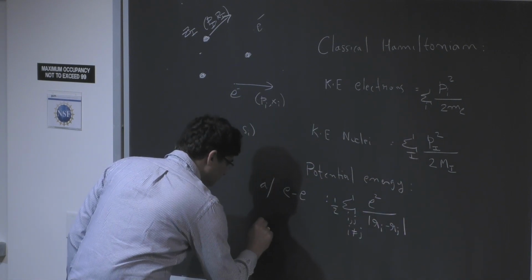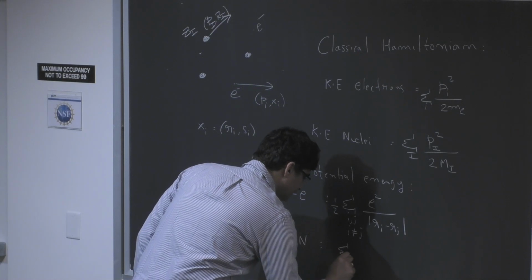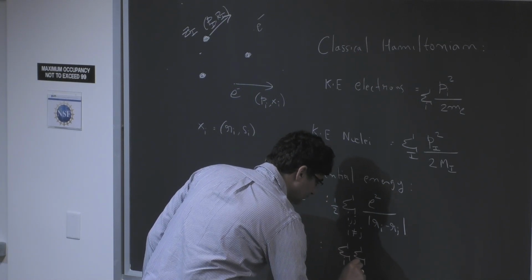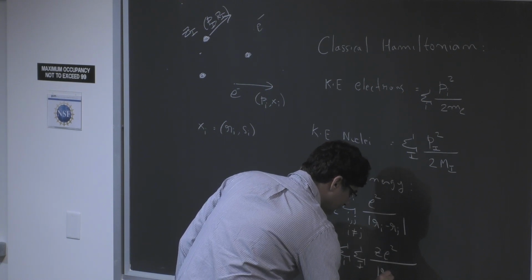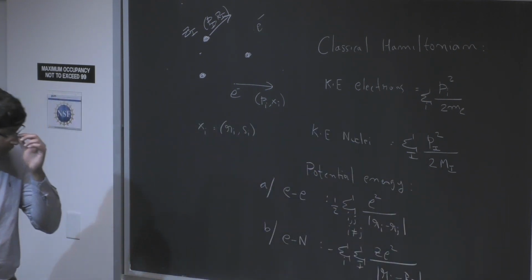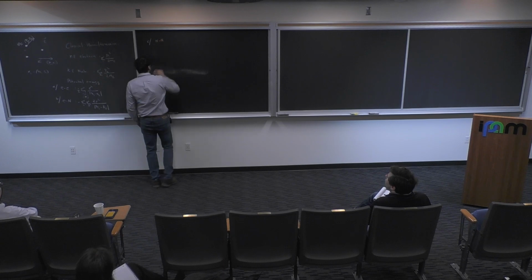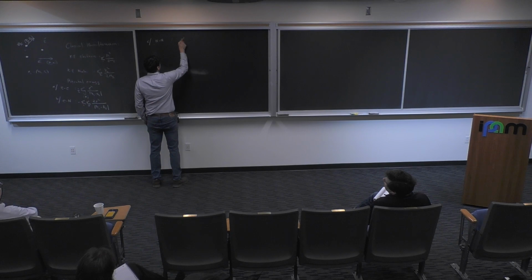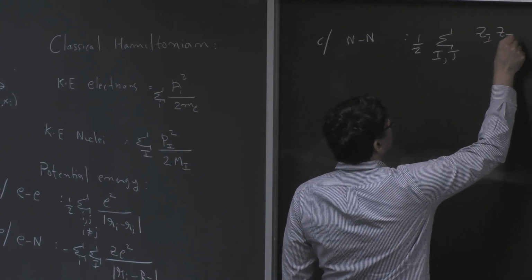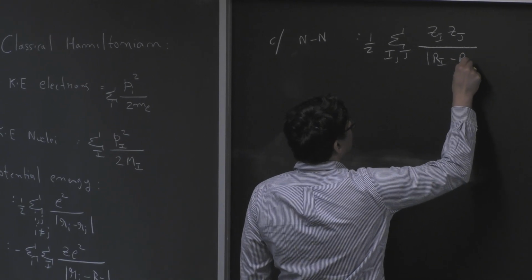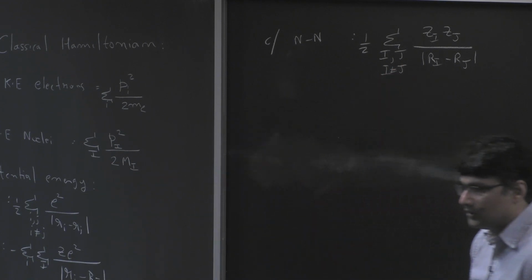Then we have the electron-nuclear interactions, which is going to be a summation over i, summation over capital I, Z e squared, so there's going to be a negative sign, divided by the distance between r_i and capital R_I. And finally we have the nuclear interactions, with I not equal to J. So that's the classical Hamiltonian.